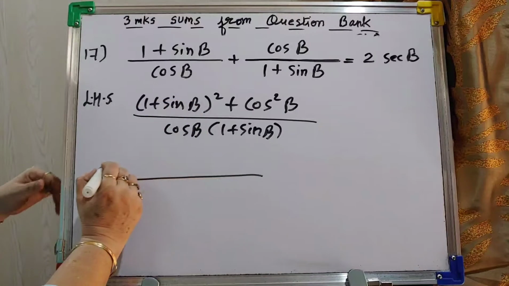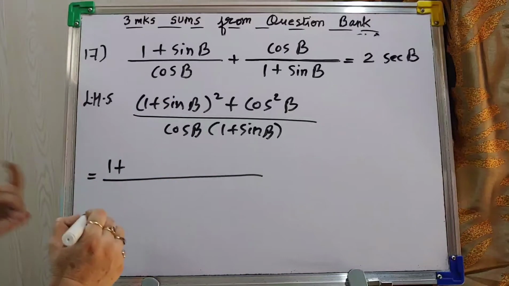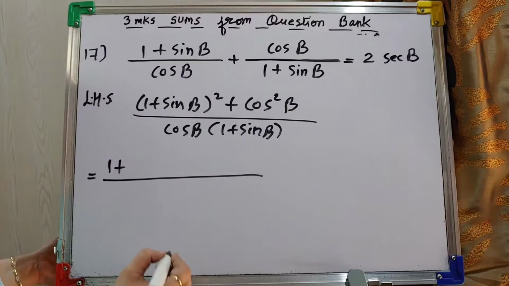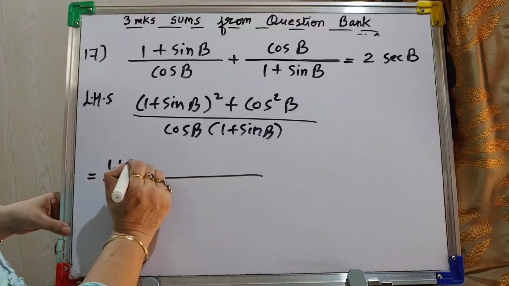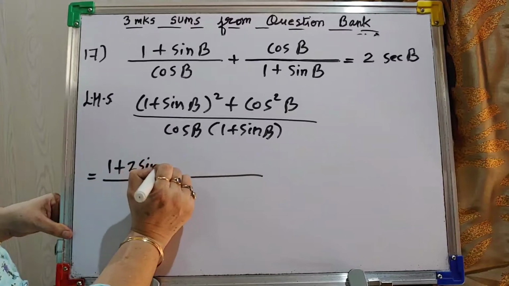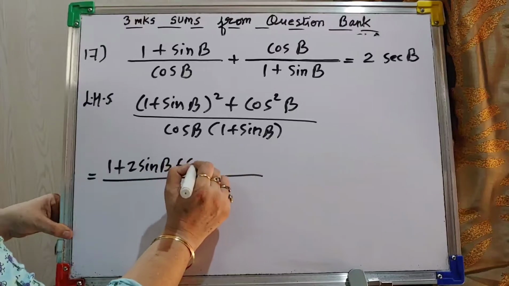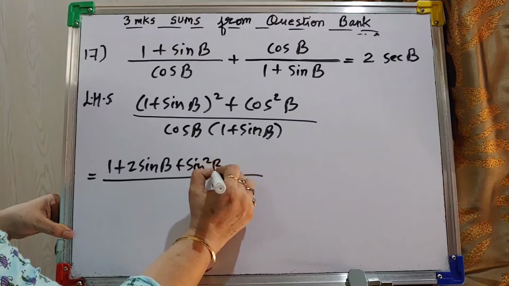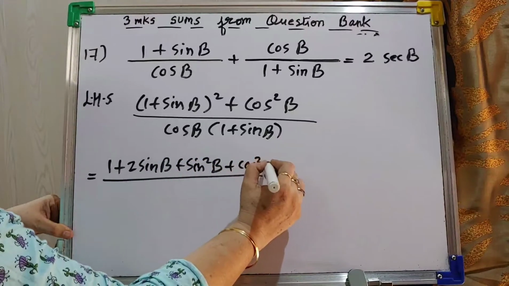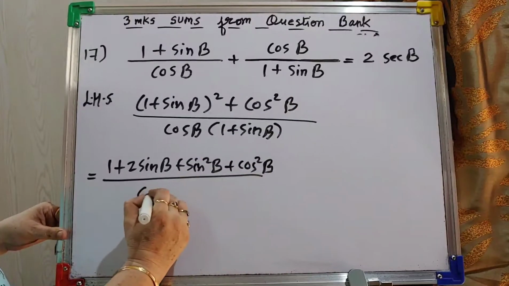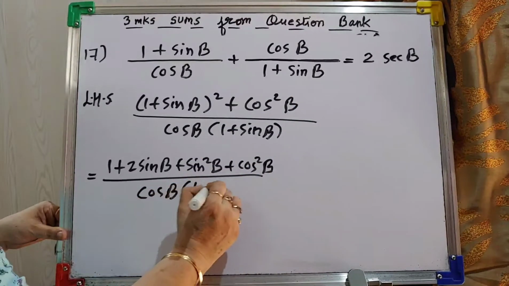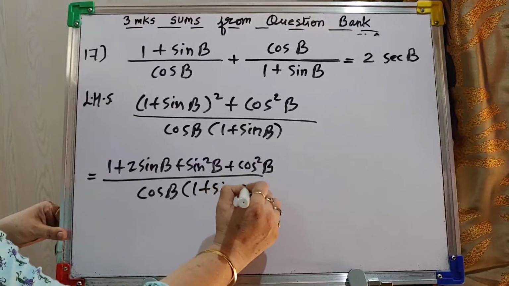This is like A plus B the whole square. So when you apply A plus B the whole square, A square plus 2AB plus B square, that formula, you will get 1 plus 2 sin B plus sin square B plus cos square B as it is. Denominator also I am keeping as it is.